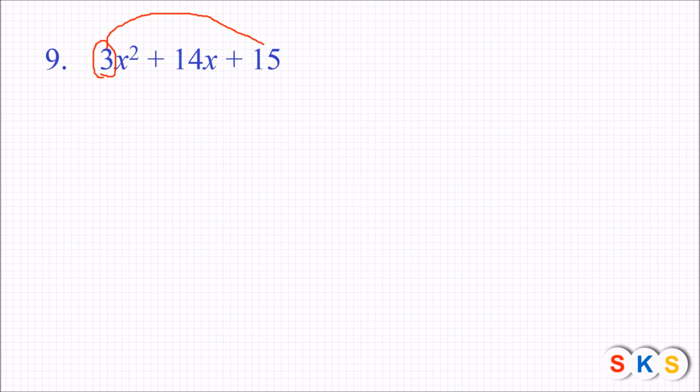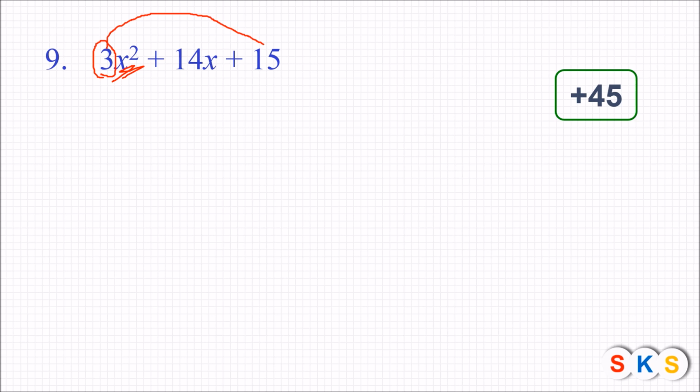So what we will get here? 45. Correct? If I multiply 3 with 15, I will get here 45. You will use this method when the coefficient of the square term is other than 1. In that case you need to multiply the coefficient of the square term with the last term. Okay, you will get 45.